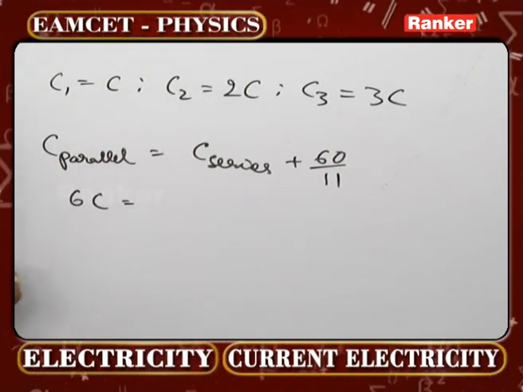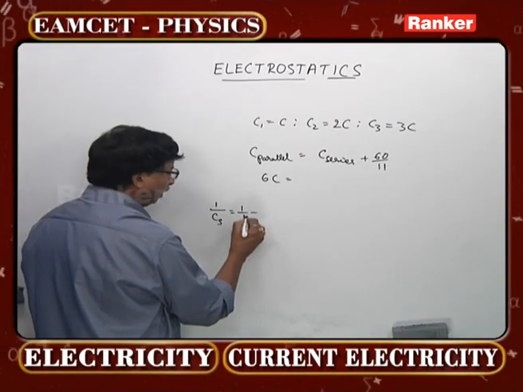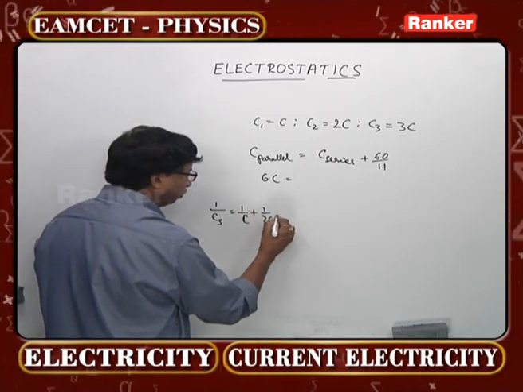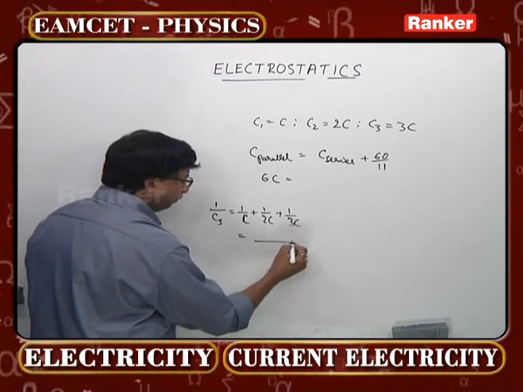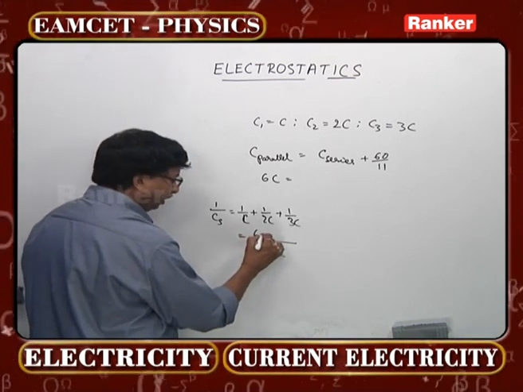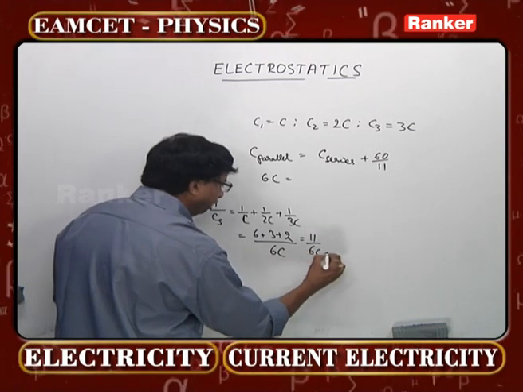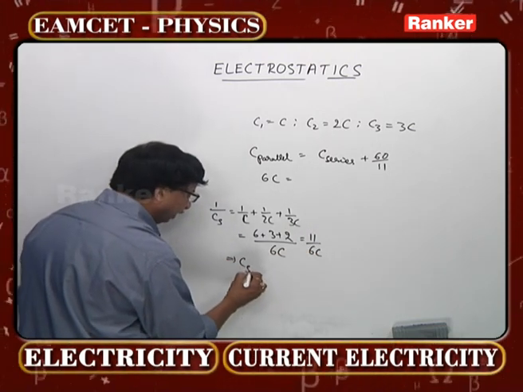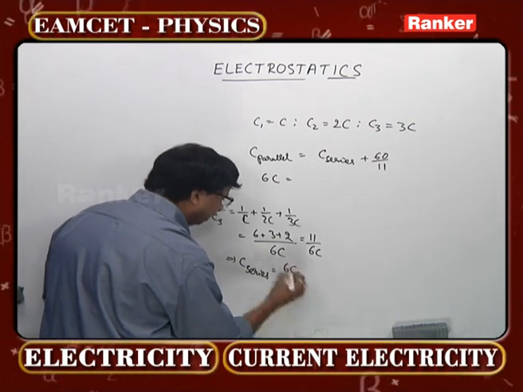What is C series? 1 by C series is equal to 1 by C plus 1 by 2C plus 1 by 3C. Then what will be the LCM? 6C. I can write 6 plus 3 plus 2, that is 11 by 6C. Then C series will be 6C by 11.